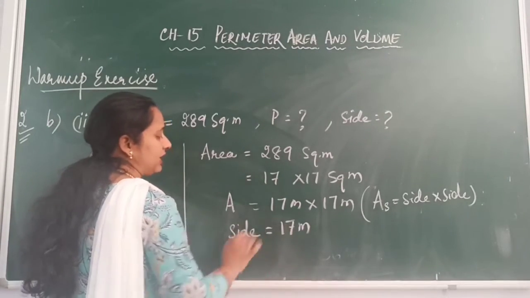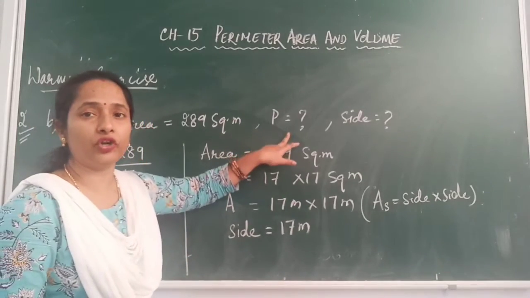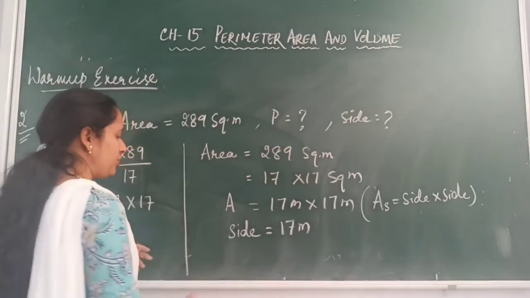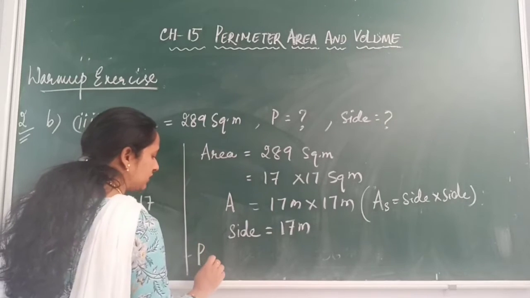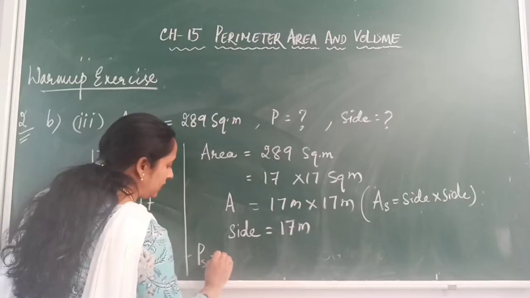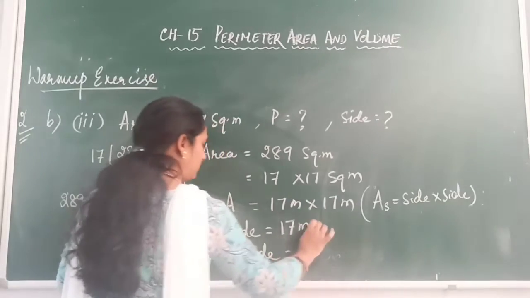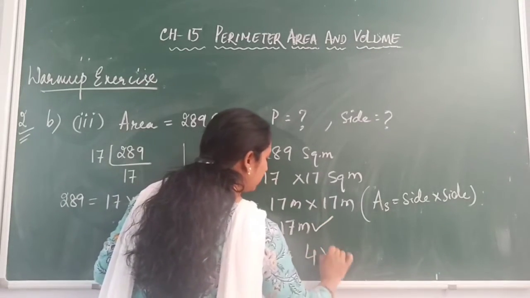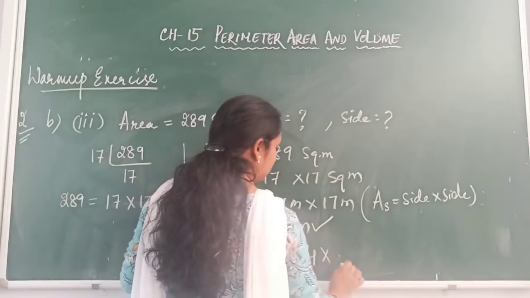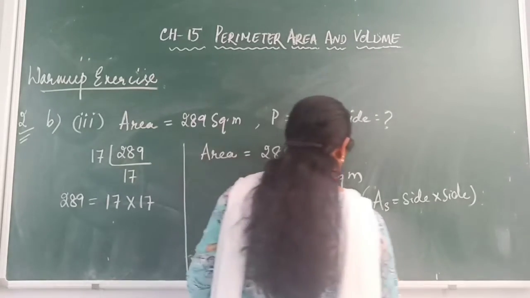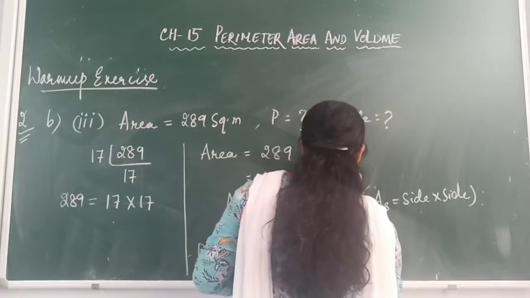So once you get the length of the side, is it difficult for you to find the perimeter? Simply you can apply the value of side in the formula of perimeter of a square, that is 4 multiplied by side. Perimeter will be equal to 4 multiplied by length of the side. Just now we got 17. So 17 what? Meters.